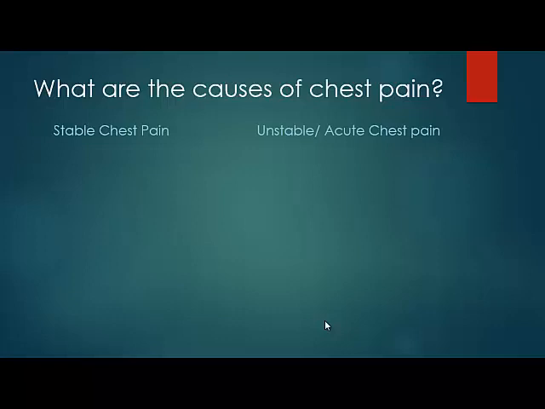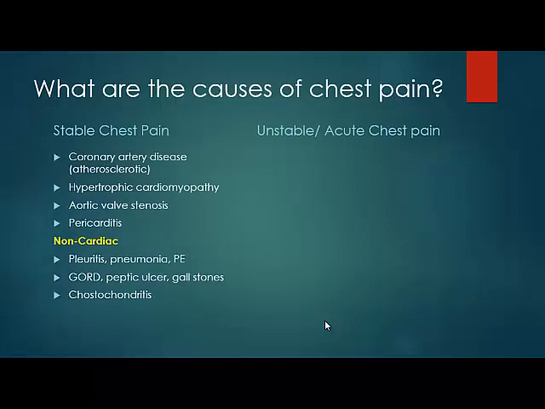Anyone think of that as causing chest pain? Pericarditis. So there are lots of conditions, and those four conditions, plus there can be non-cardiac causes of stable chest pain like pleuritis, pneumonia, pulmonary embolism, GI causes as well, and also musculoskeletal causes. Costochondritis can cause chest pain. Okay, so those are the causes of stable chest pain.